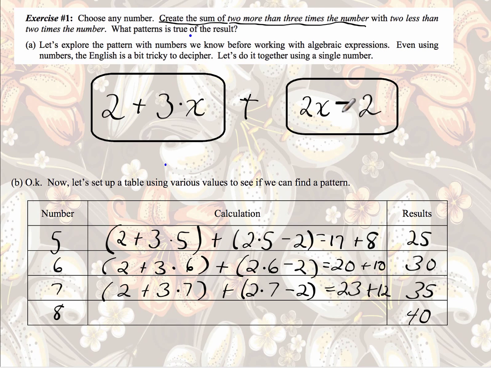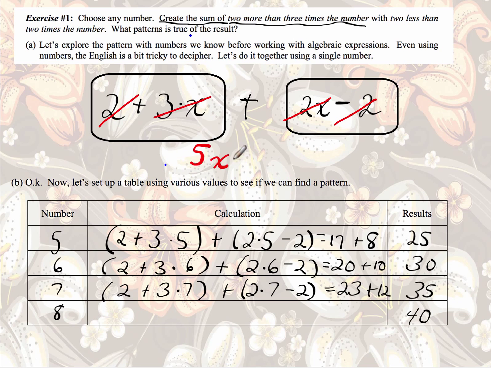Well, the point of the matter is, I could have cleaned this up, and look what happens. If I combine like terms, 3x plus 2x is 5x, and 2 plus a negative 2 cancels out.